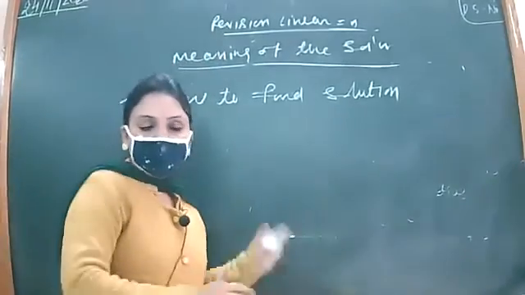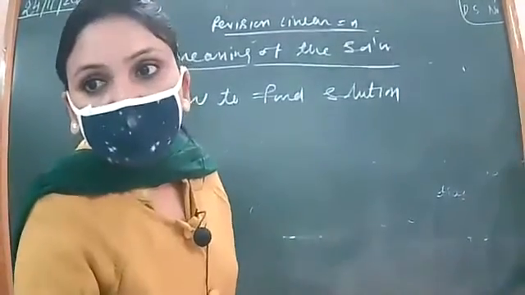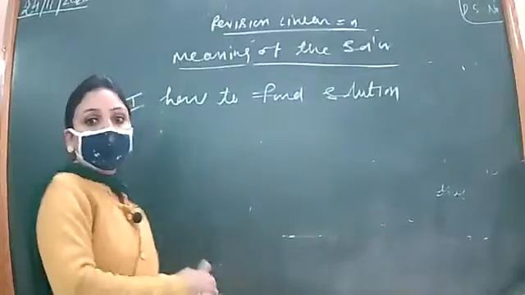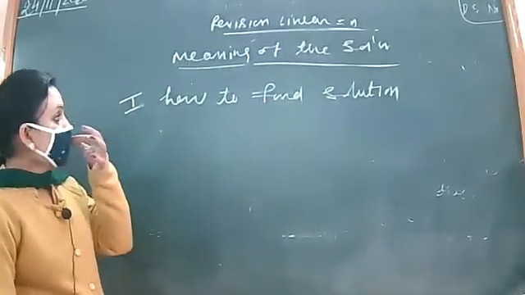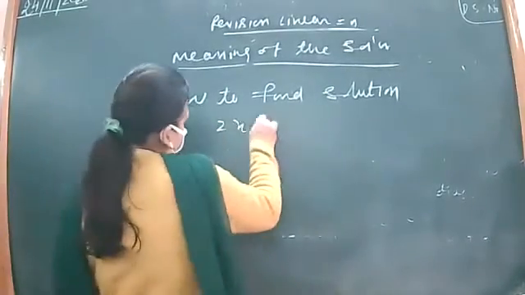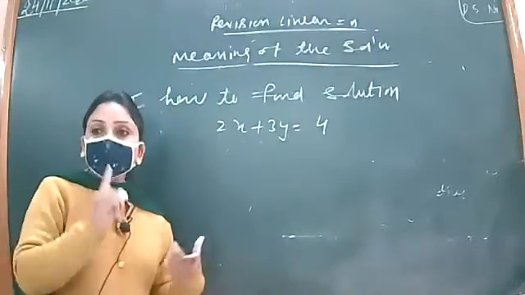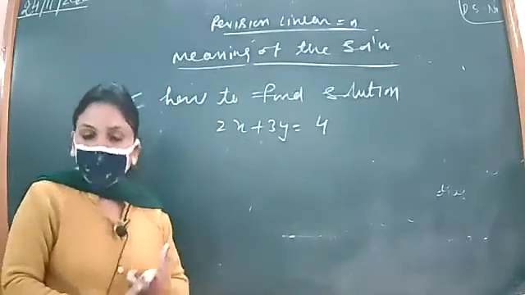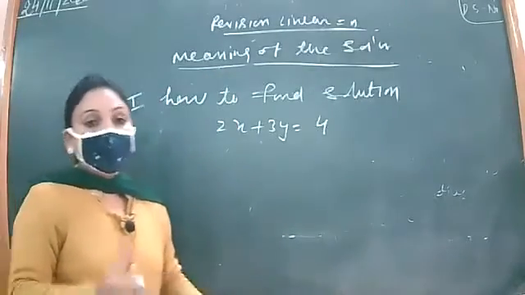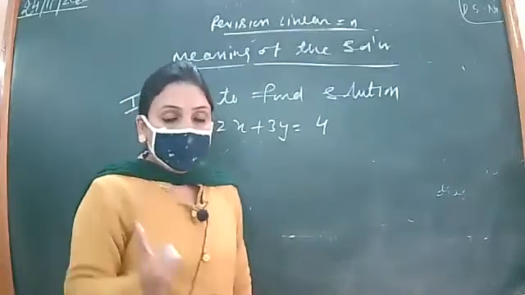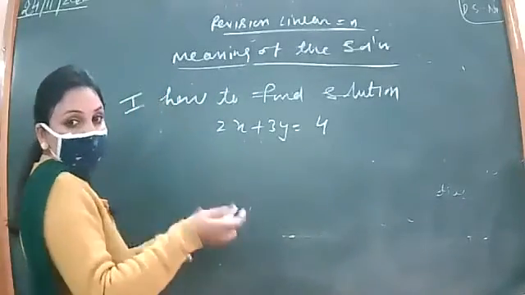So the first thing that we are going to do is how to find the solution. Whenever we have to find the solution of a linear equation in two variables, we have to choose a value of x and we will get the corresponding value of y. Suppose I choose x to be 1.